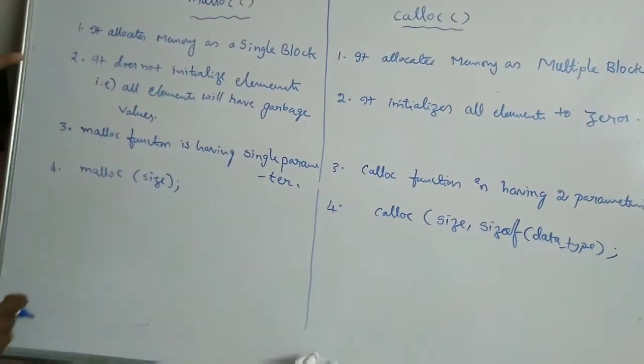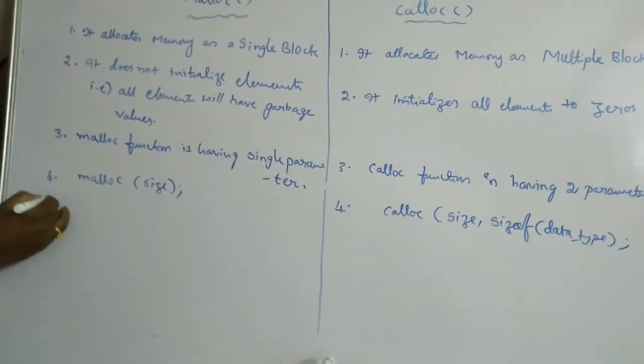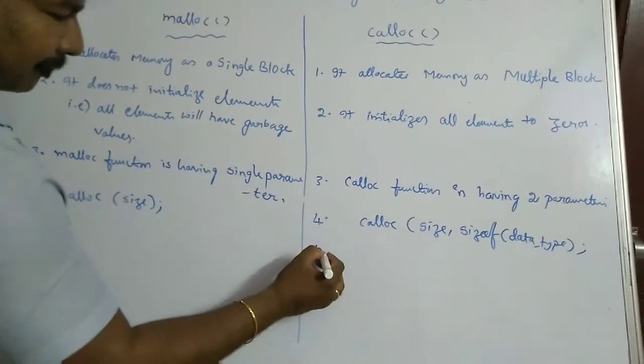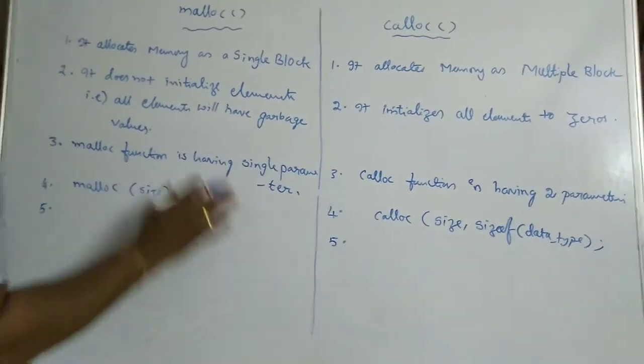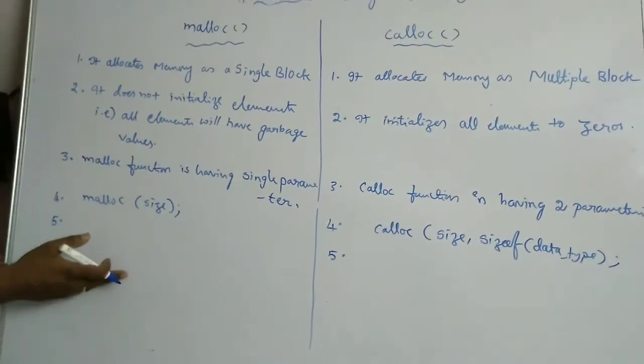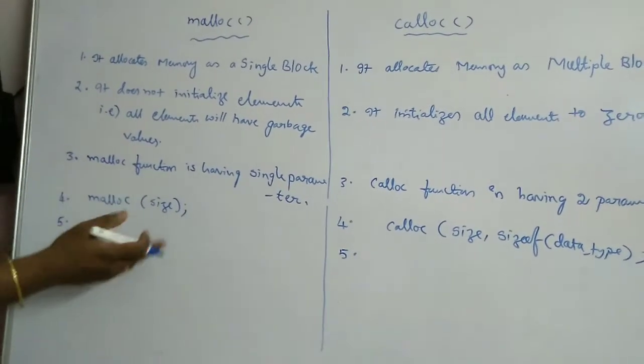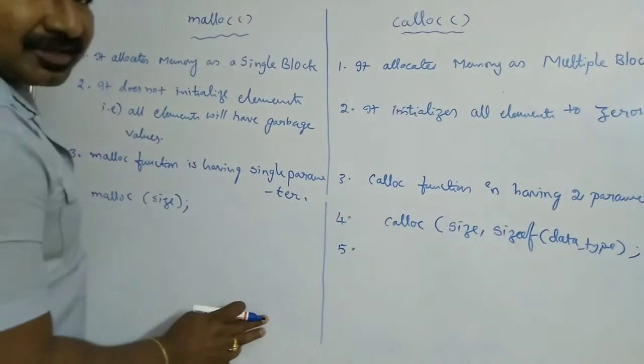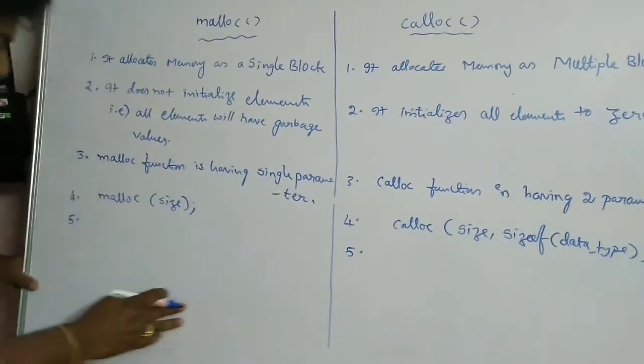And fifth one, when you're using this malloc function, the execution of the malloc statements or the program will execute very fast, and this calloc function will execute slowly.